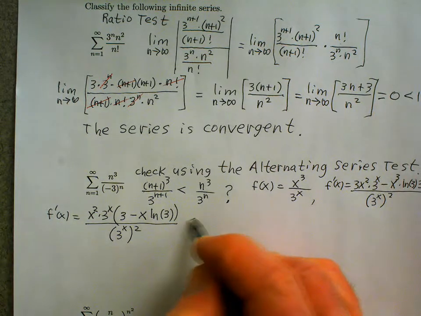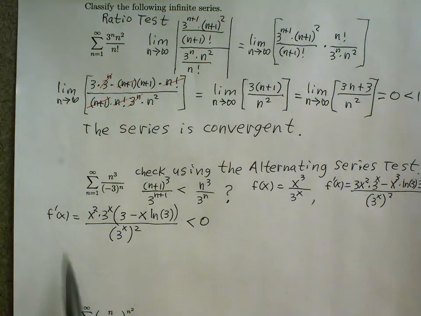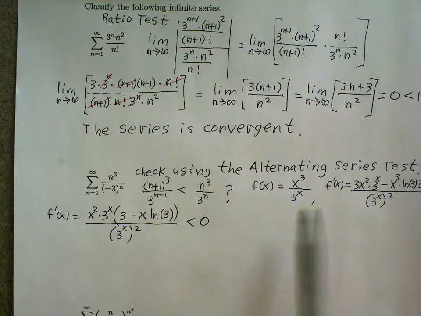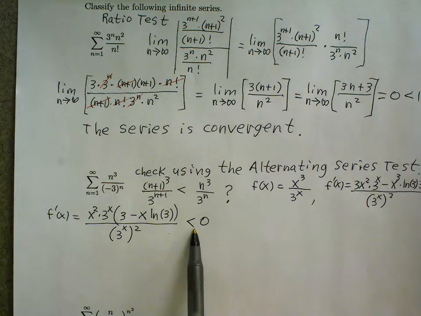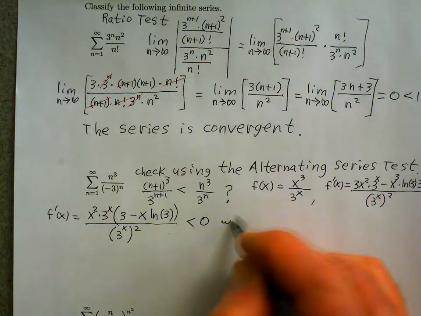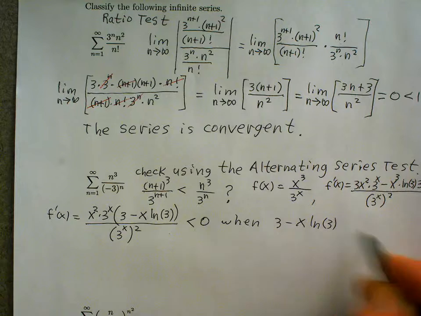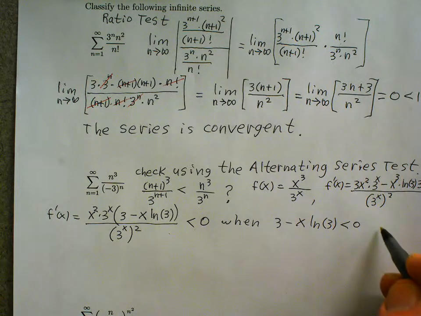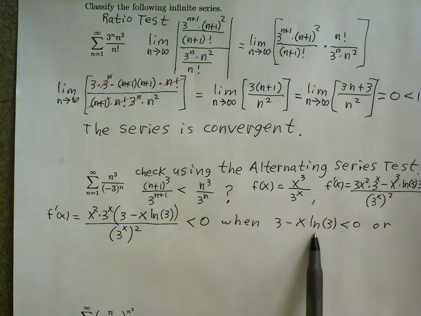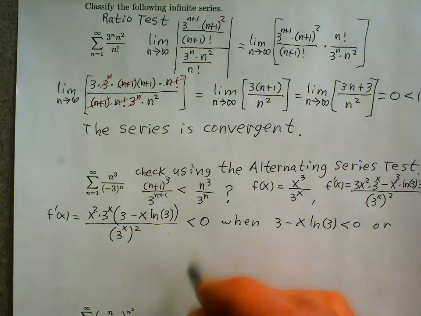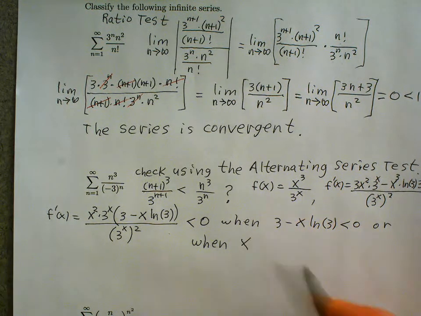On the interval where the first derivative is negative, the function is decreasing. So this derivative will be less than 0 when 3 minus x times the natural log of 3 is less than 0. And if we solve this for x, this will be true when x is greater than 3 divided by the natural log of 3.